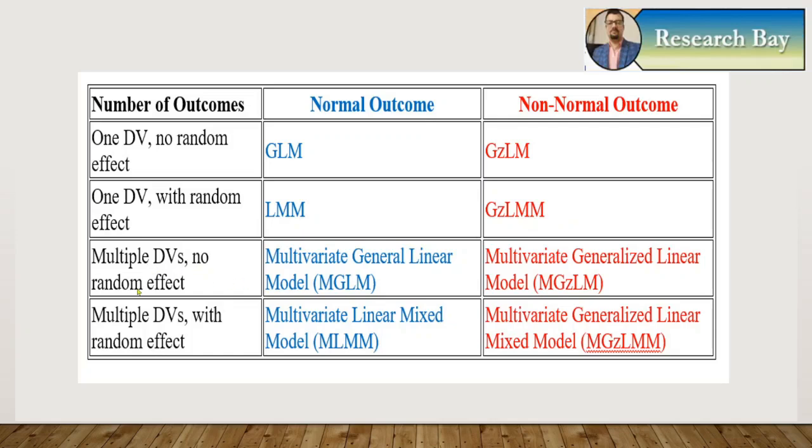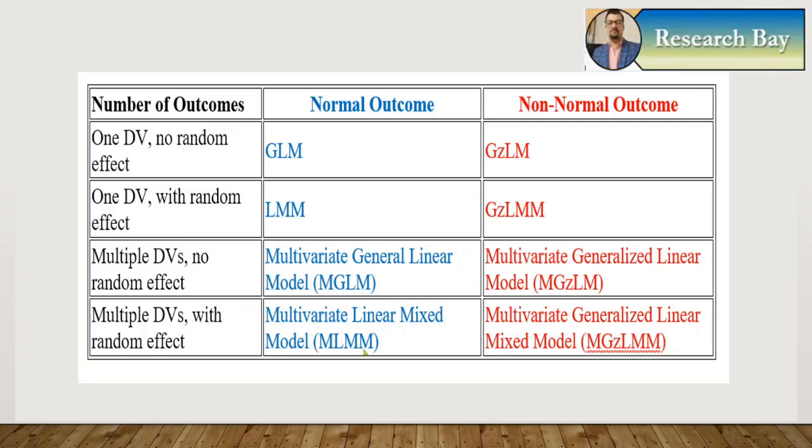Multiple DVs and no random effect, we call it multivariate general linear model in case the outcome is normal in nature. Multivariate generalized linear model, in case the outcome is non-normal, there are multiple dependent variables but no random effect included. Multiple dependent variables with random effect, you call it multivariate linear mixed model.